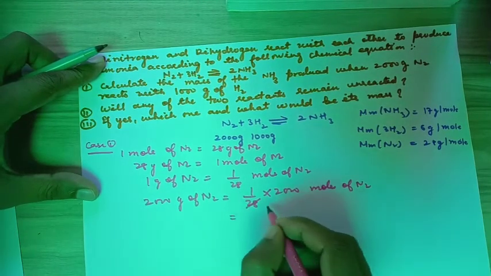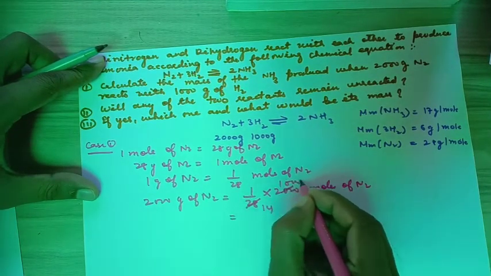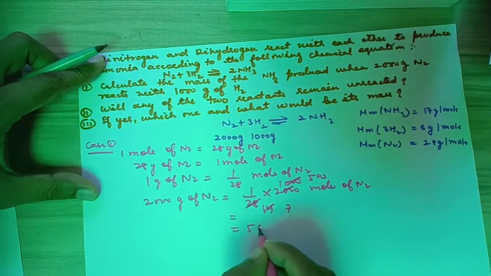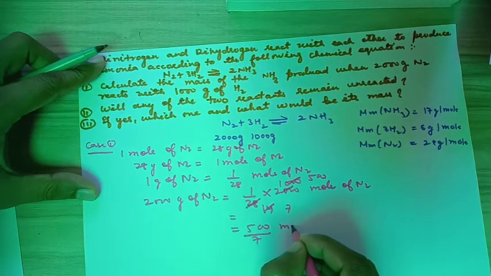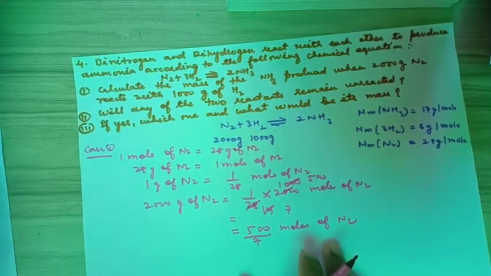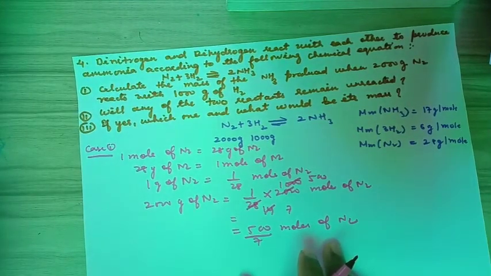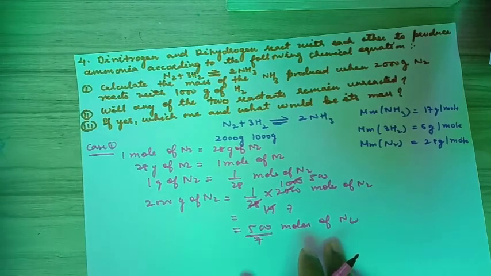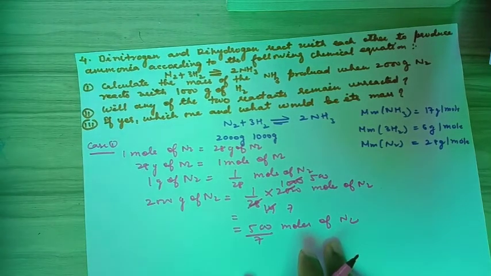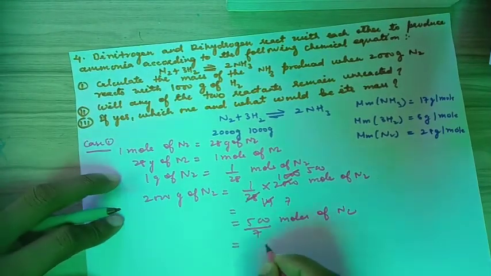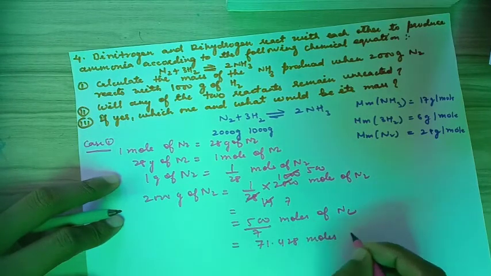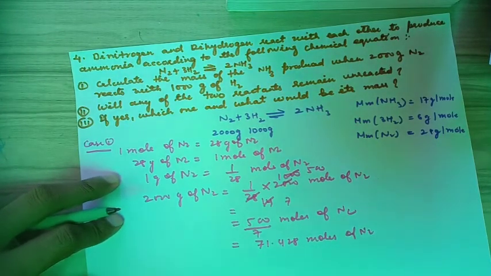On solving, we'll obtain 500 by 7 moles of N2. So this amount of N2 is obtained over here, and that is 71.428 moles of N2.